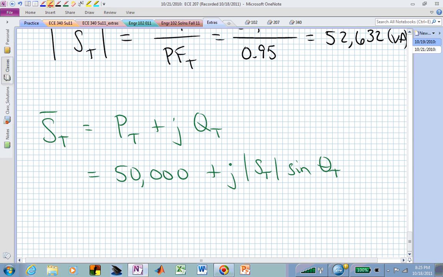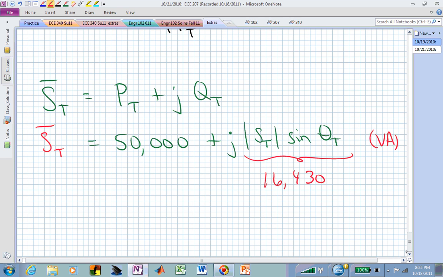If we compute 52,632 times the sine of 18.19 degrees, we will find that that's 16,430, and that's my total complex power for the combination of load 1 and load 2.